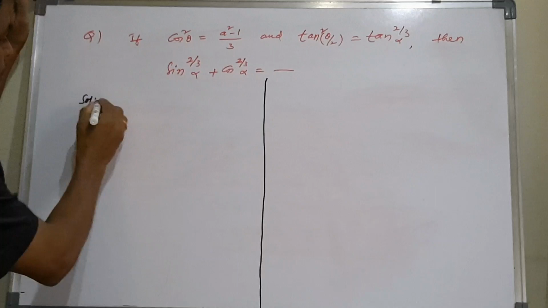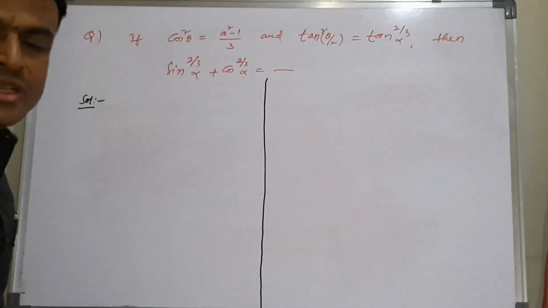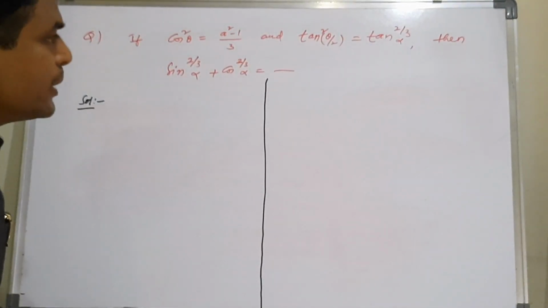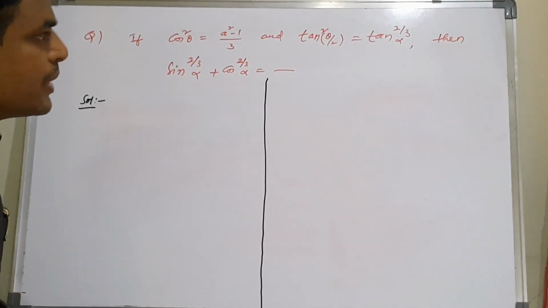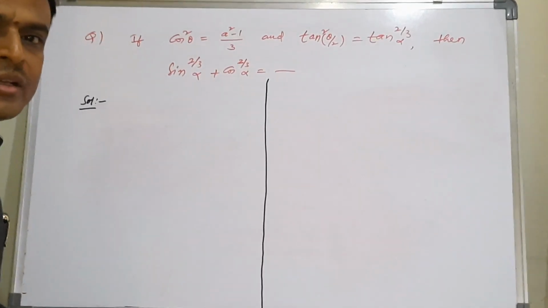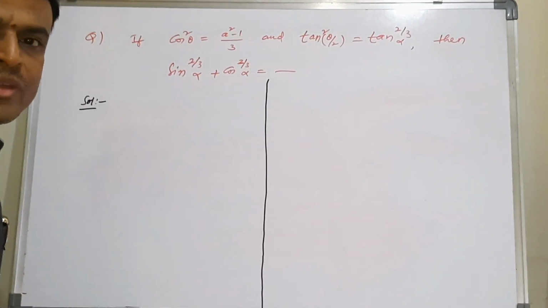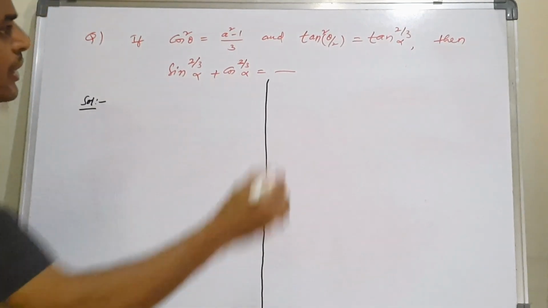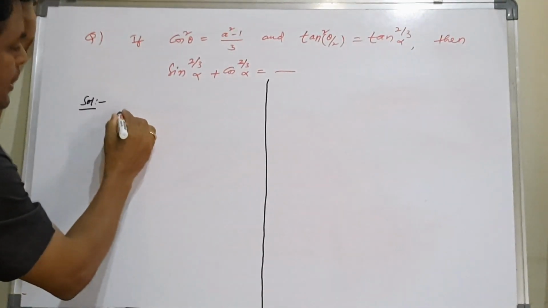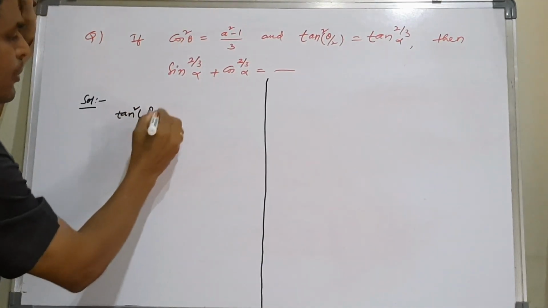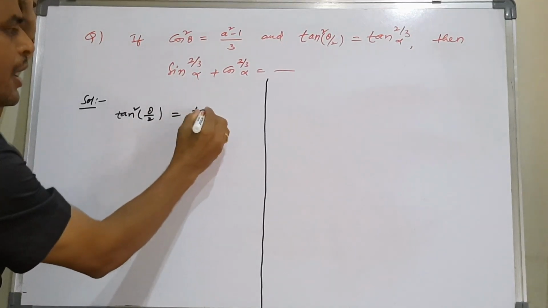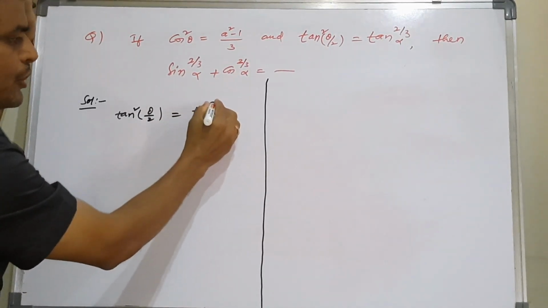See, when I am talking about the solution, first cos square theta is given and the other condition is given in terms of tan square of theta by 2. We know the identity that cos square theta plus sin square theta is equal to 1. So with the given condition, tan square theta by 2 is equal to tan alpha whole power 2 by 3.